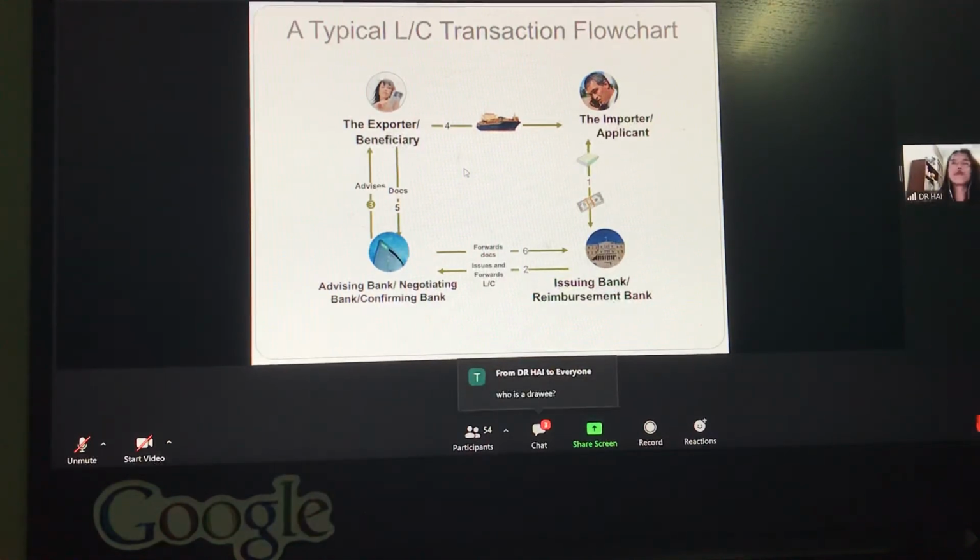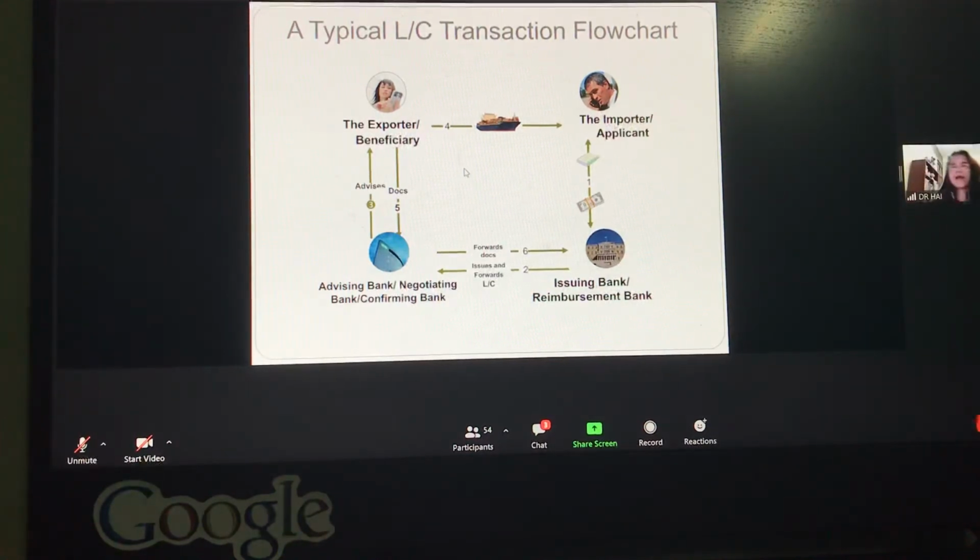Who is a drawee under LC transaction? Yes, number 10, please. I think in the LC transaction, the issuing bank is the drawee and the exporter is the drawer of the BL. Yes, number 39, please. I also think that.